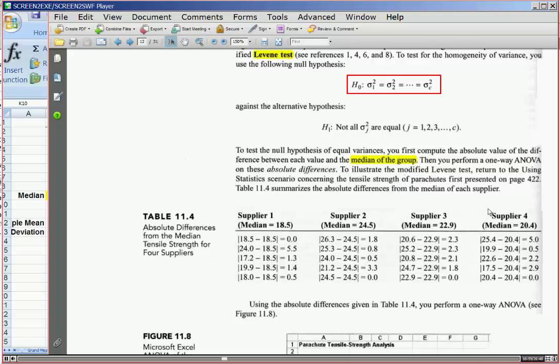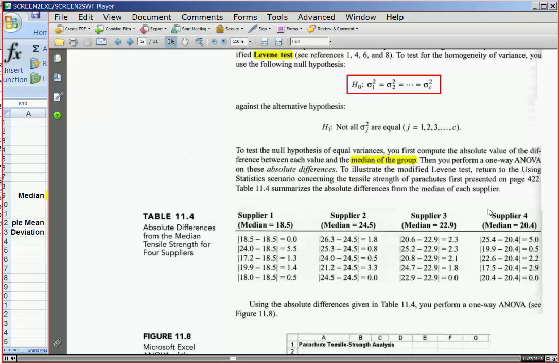To test the null hypothesis of equal variances, you first compute the absolute value of the difference between each value and the median of the group. So the Levene test deals with the medians. We were going to use the Excel command for that, but actually the medians had been calculated before the book shipped to us.